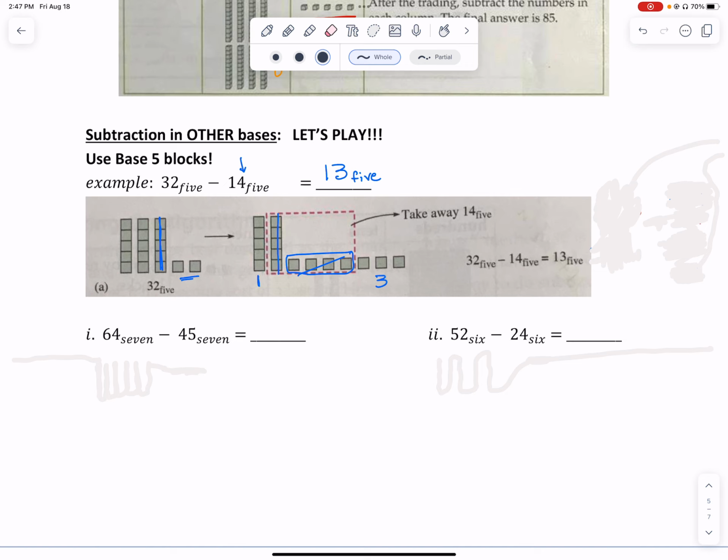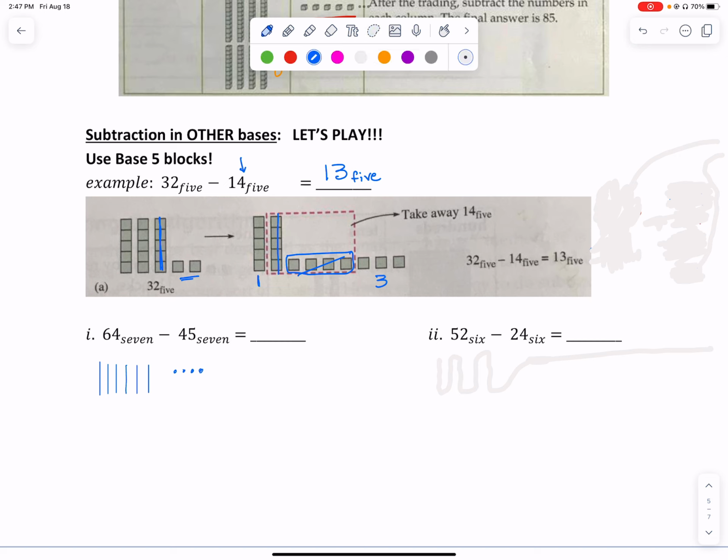Okay. So let's go ahead and do this one. I've got 64 base 7. So I've got 6 of those. How many little units did I put together to make just one of those? 7, because I'm in base 7, right? So I've got 6 rods and 4 units.